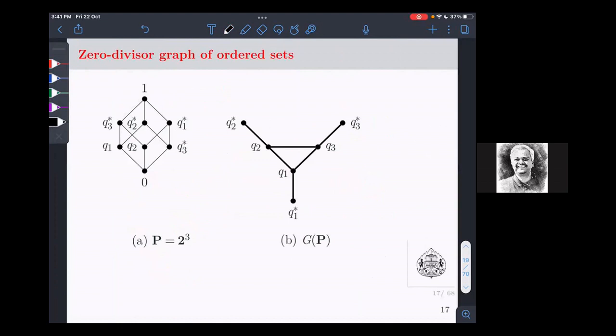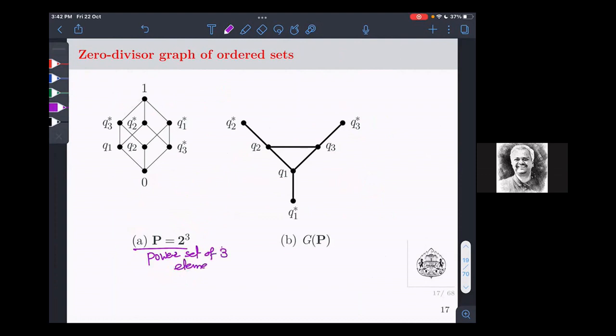Then we talked about the zero divisor graph of an ordered set. So what we did here is we looked at the power set of 3 elements. This is my power set of 3 elements.